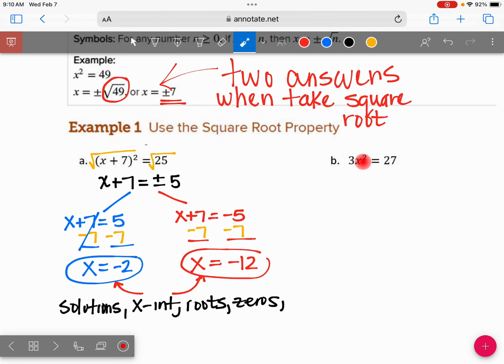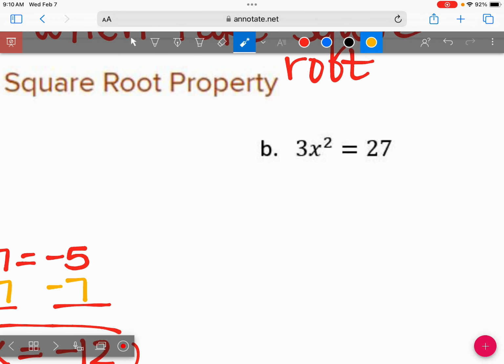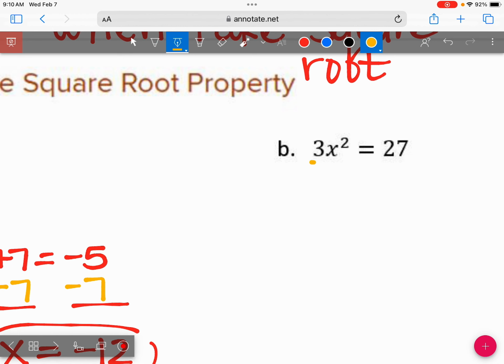How do I get rid of the 3 that's being multiplied by x squared? What's the opposite of multiplication? Division, yep. So we're going to divide both sides by 3, which is going to give you x squared equals 9.